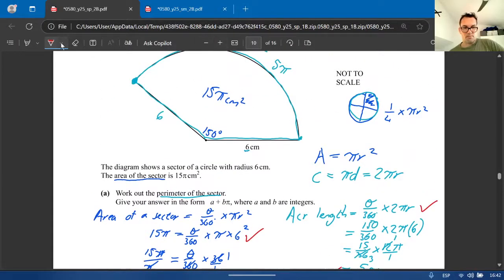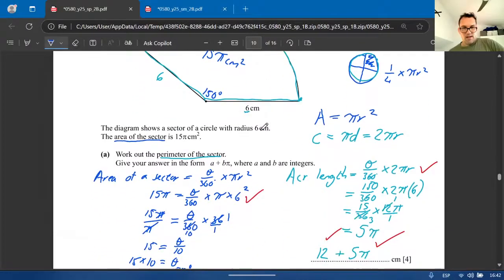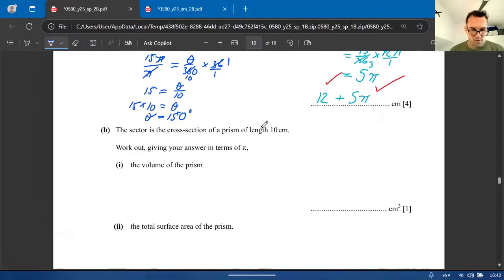Right. Then the next part of the question. They say this sector, just draw it. Okay, this is the sector. We know this is 6. We know that the area is 15 pi centimeters squared. It's part of a prism, so they've made it into a 3D shape.